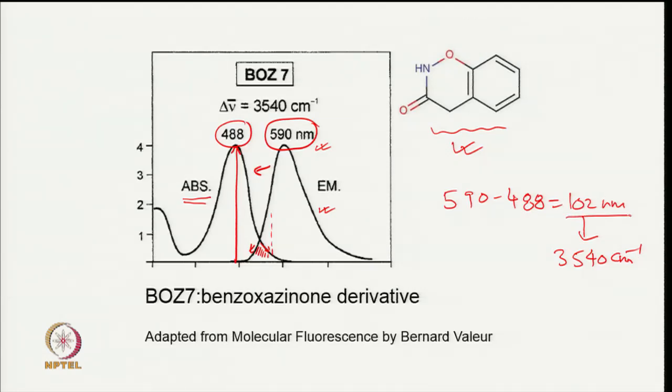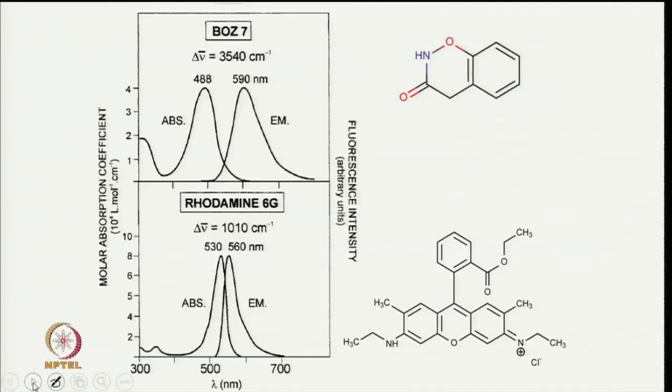So, Stokes shift is 102 nanometer, or if you express it in wave number unit, it is 3540 centimeter inverse. So, this was the molecule which we discussed.